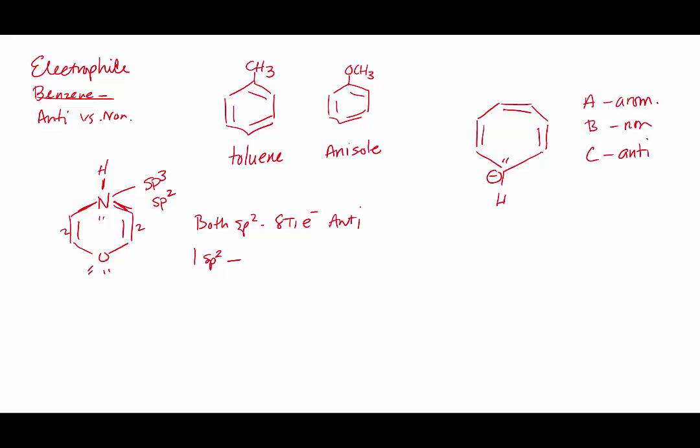So let's go through the same logic that we did for the nitrogen and oxygen. C minus, can it choose? Yes. It can choose to be either sp2 or sp3. What's it going to make its decision on? The overall stability of the molecule, right?